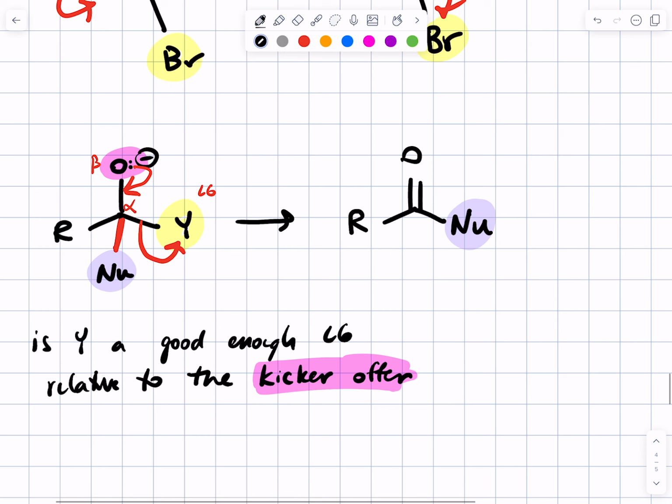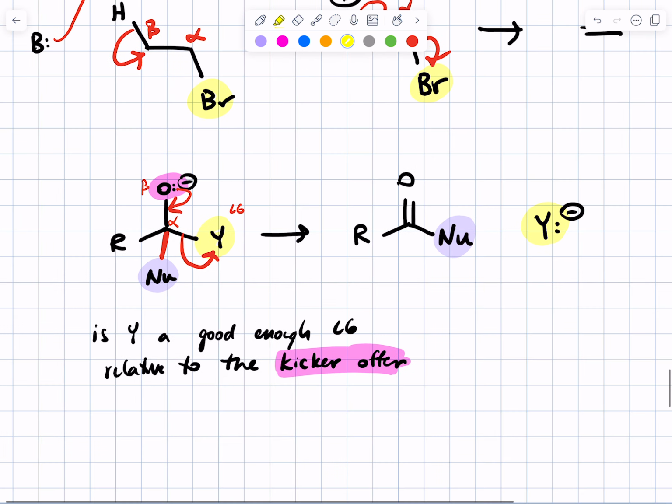And if you look, before the elimination reaction, the negative charge is on the oxygen. After the elimination reaction, the negative charge is on the Y group. Okay? So asking, is the Y group a good enough leaving group relative to the kicker offer, is basically asking, what is the equilibrium constant for that reaction? Is it reasonable for the negatively charged oxygen to kick off the negatively charged Y group?